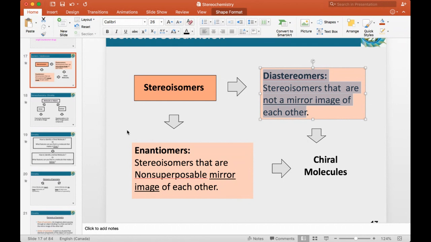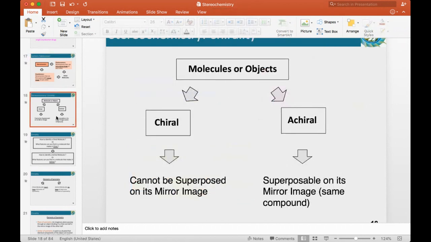So we said in class also that a better way to classify organic molecules in a more global way could be chirality, and we defined chirality in the previous class too. So a molecule or an object is chiral when it cannot be superposed on its mirror image. So basically, once again, there are enantiomers or diastereomers in this group.